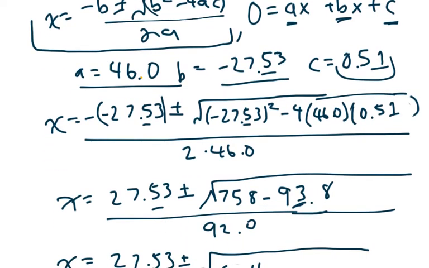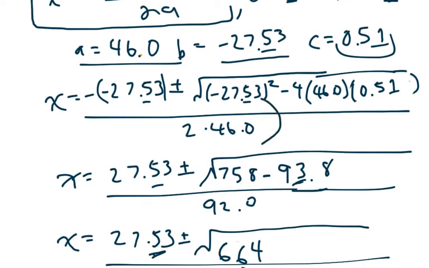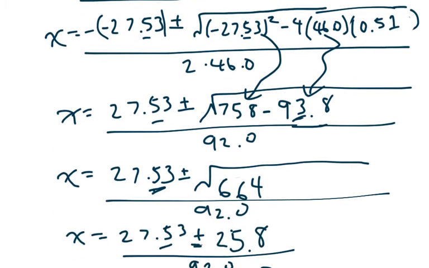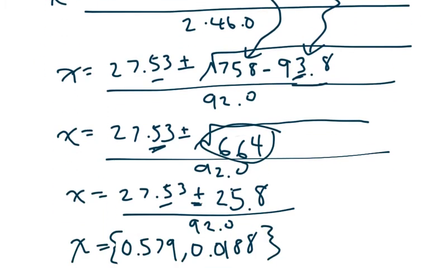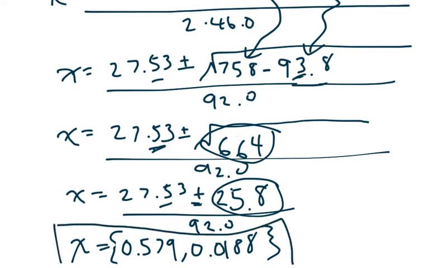So I simplified it very slowly. I first took the square of negative 27.53 to get 758, and I multiplied these three terms out to get 93.8 with two sig figs, and I had to subtract them to get this. I took the square root, and I had two solutions for x, because you get one solution for adding this term, and you get one solution for subtracting this term, and that's why you have two solutions.